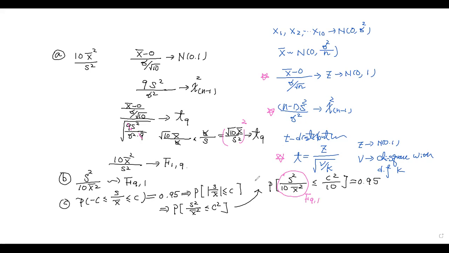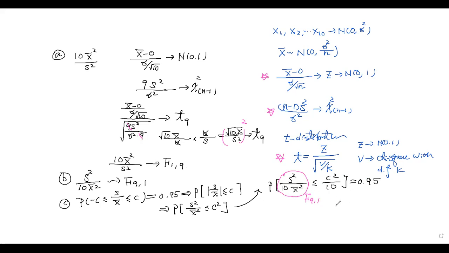So you can either use the existing F distribution table to find the value that gives you 0.95, or you can put it into the calculator.